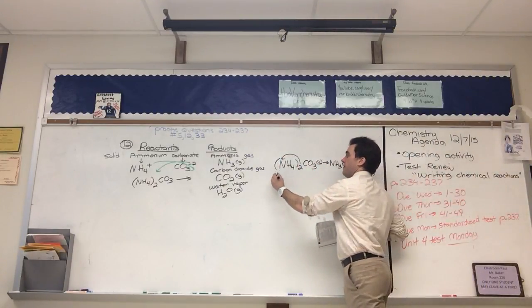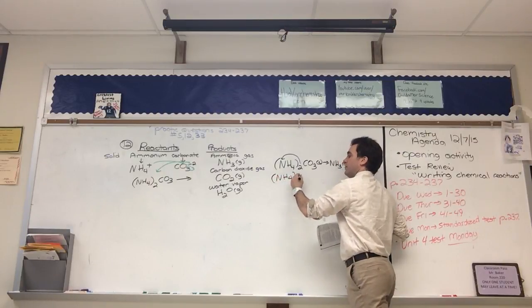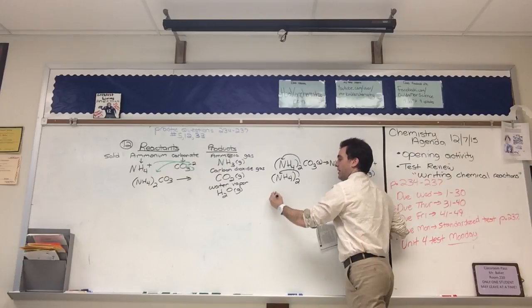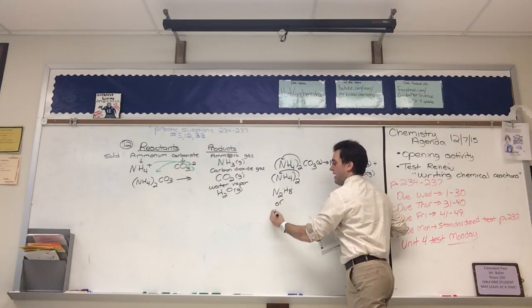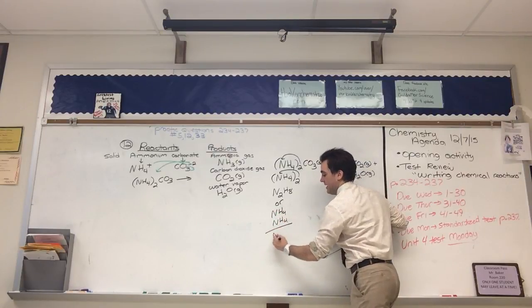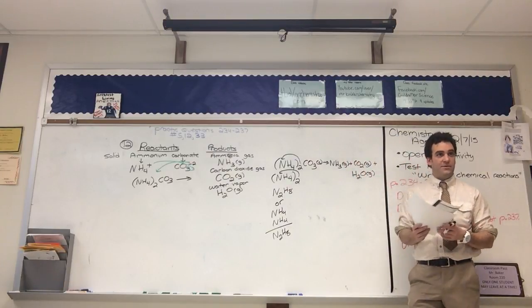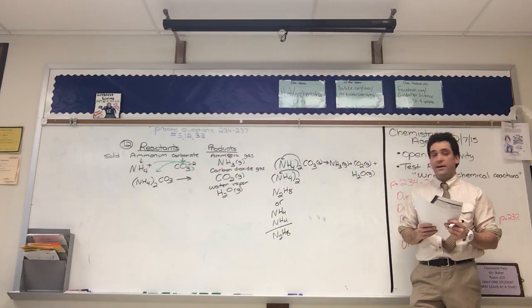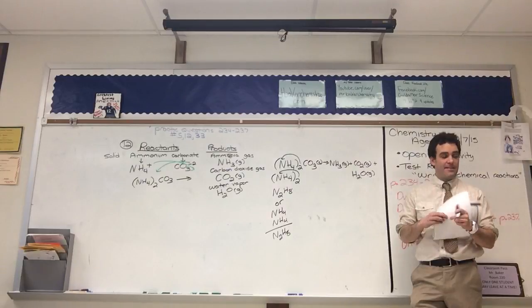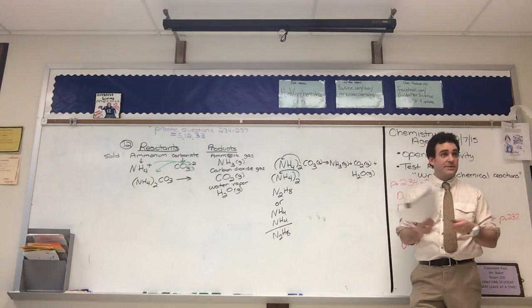(NH4)2 is technically N2H8, or NH4 plus NH4, which is N2H8. You have two ammoniums. Kind of make sense? I think you guys will get this.